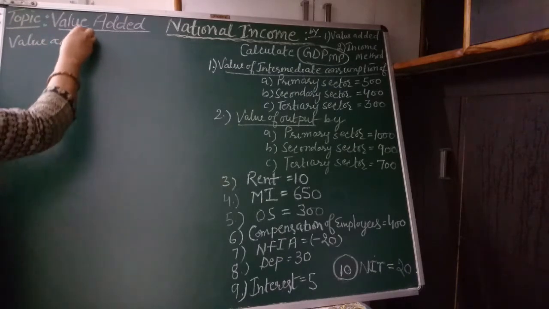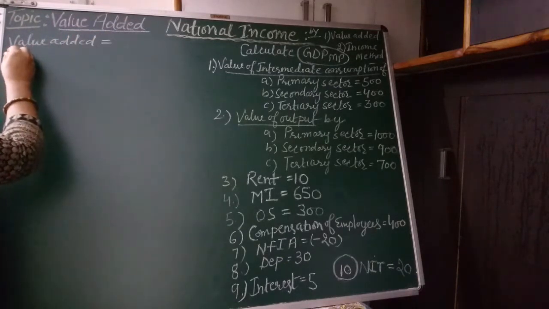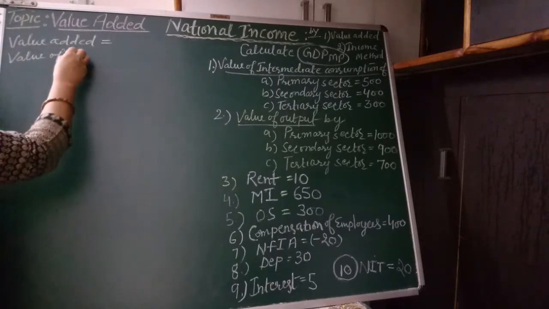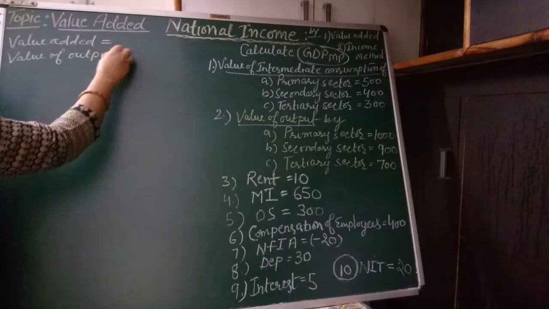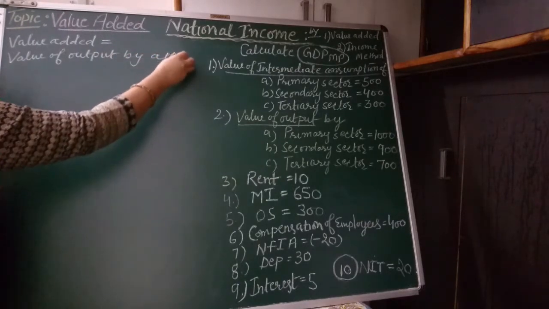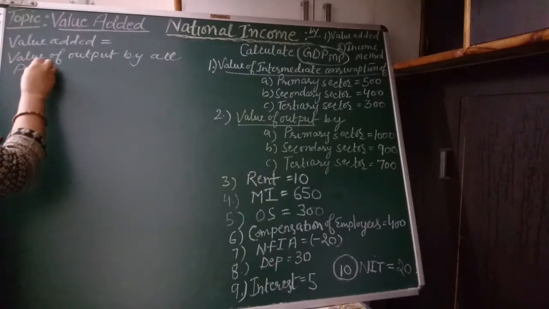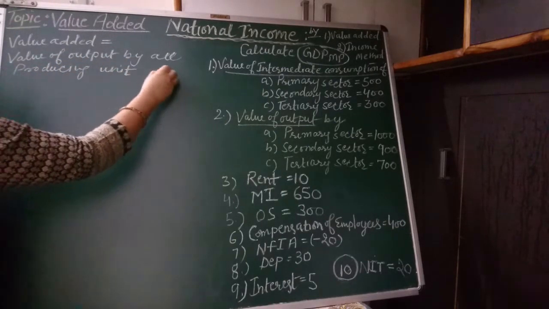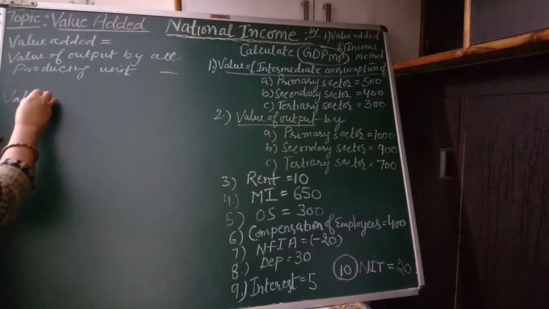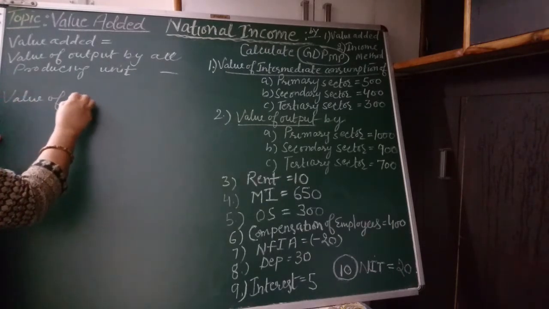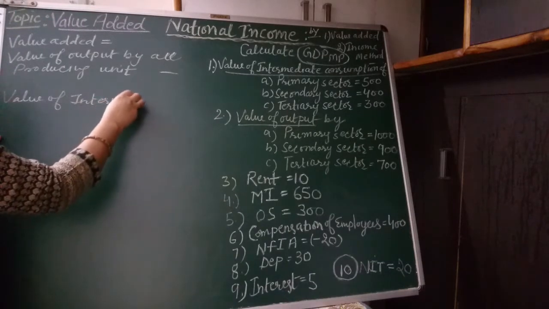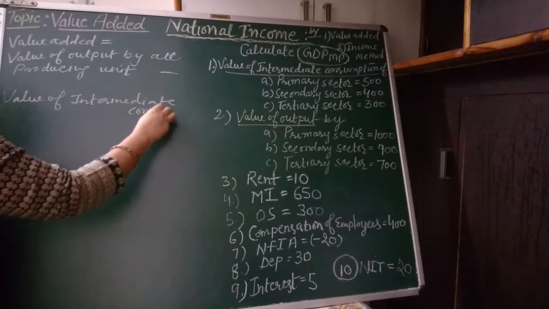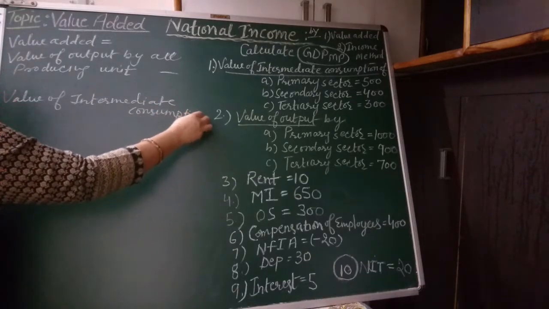Value added is equal to value of output by all producing units minus value of intermediate consumption by all the production units.